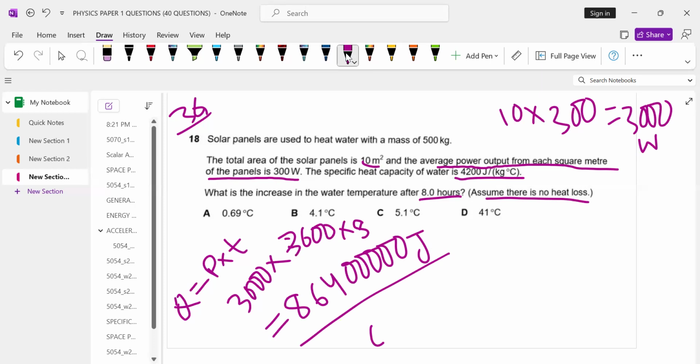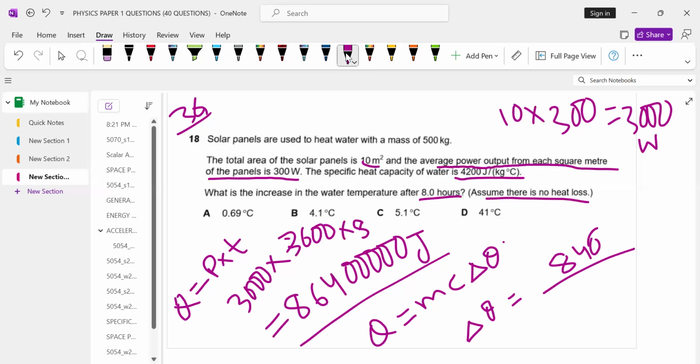Then you will use this formula: heat energy equals mc delta theta. You need to find the increase in temperature, so delta theta will come here. This value of heat will go here, divided by the mass, which is 500, and the specific heat capacity is 4200.